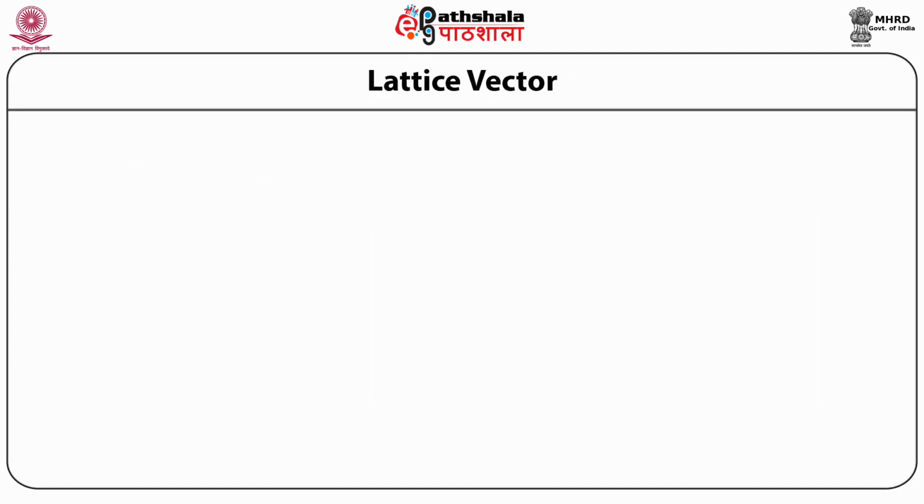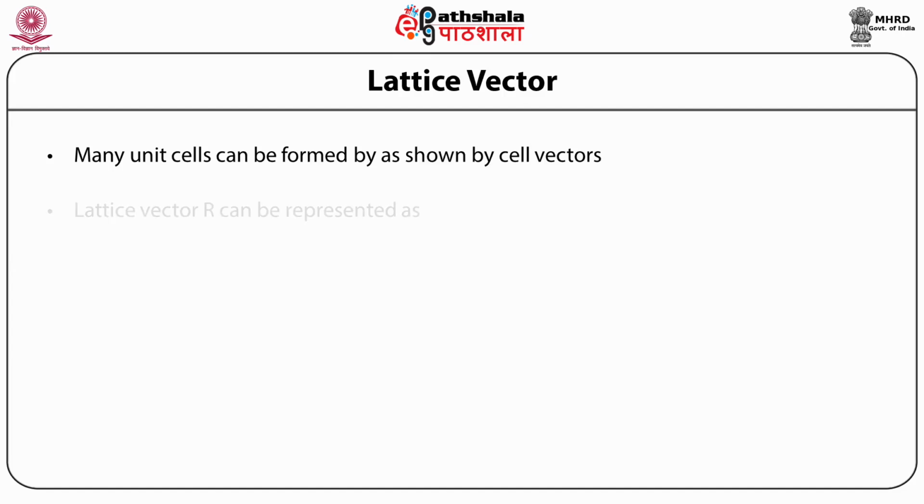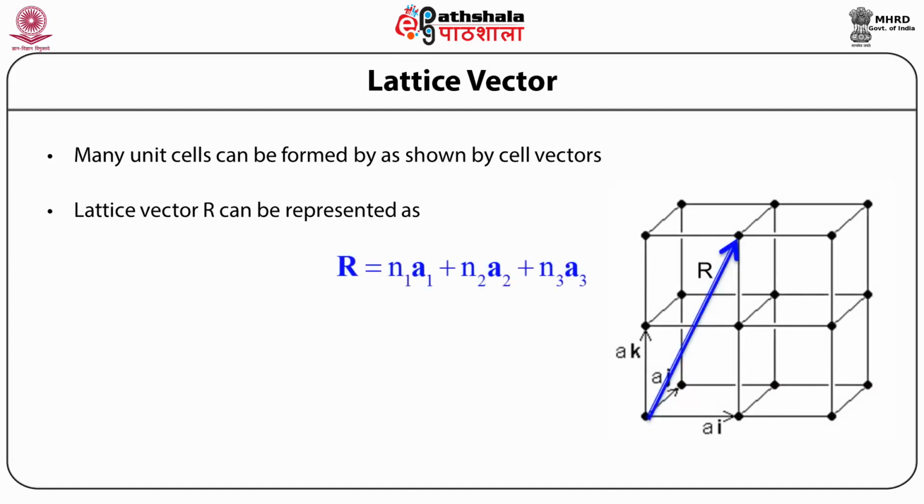Now let us discuss a lattice vector. As we have discussed already, many unit cells can be formed as shown by cell vectors. So we can represent the lattice vector as R equals n1a1 plus n2a2 plus n3a3.